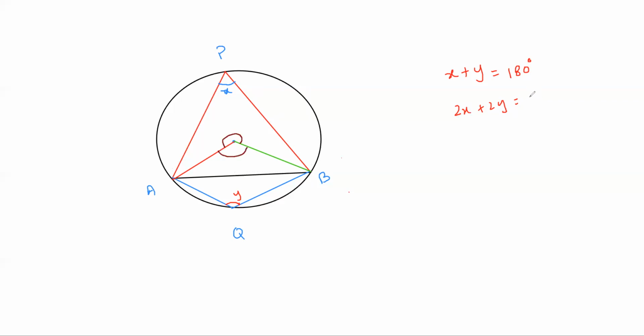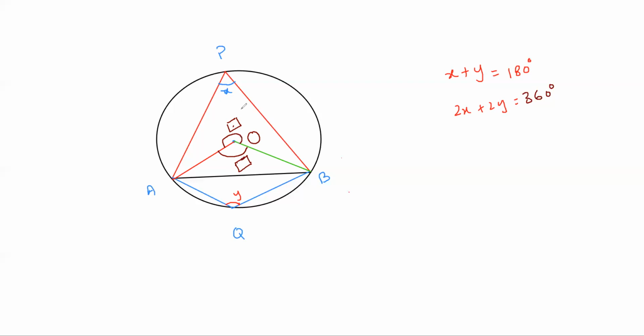Okay. So this is going to be 360. What is the sum of these two angles over here? Something this and something this. What is the sum of these two angles here? 360. Yes. Now, which one is the bigger angle, the lower angle or the upper angle?